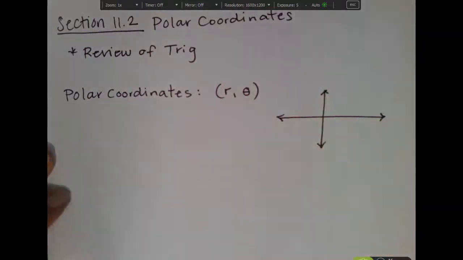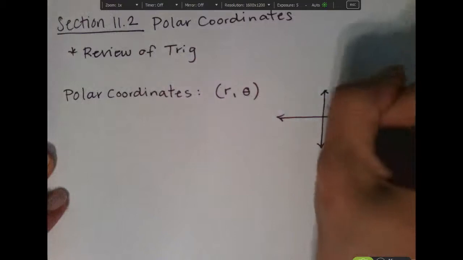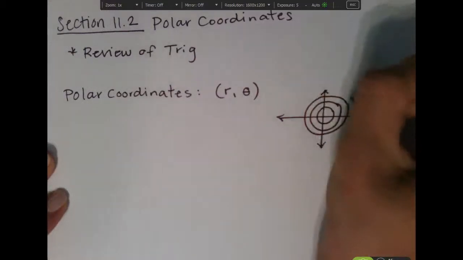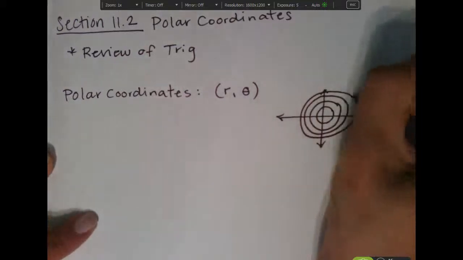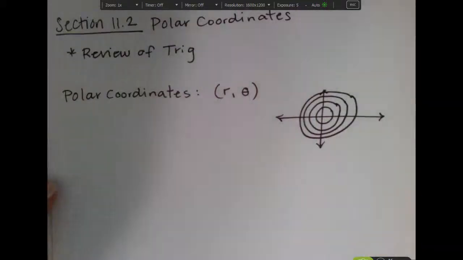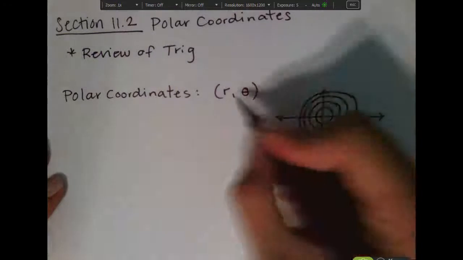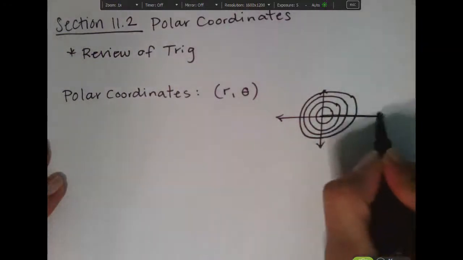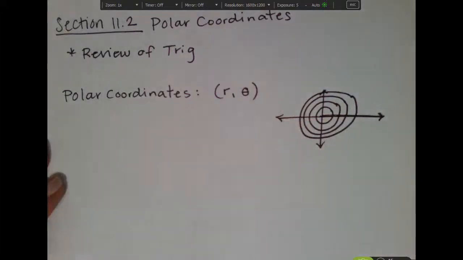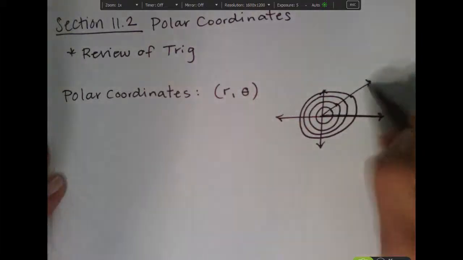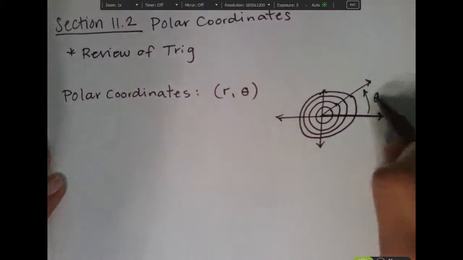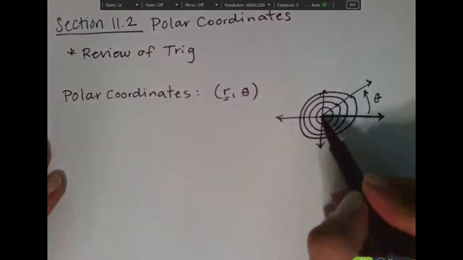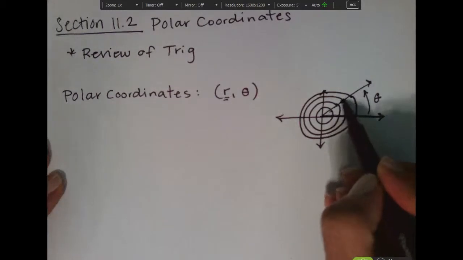If we're plotting a point in a polar grid, we're going to see all of these concentric circles centered around the origin. Not drawn very well by me, of course, but we're going to start with the initial side of our angle here on the positive side of the x-axis, and then create an angle theta with the terminal side, and then according to the radius, we count out that number of circles in order to plot a point.